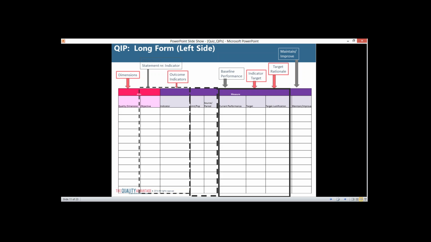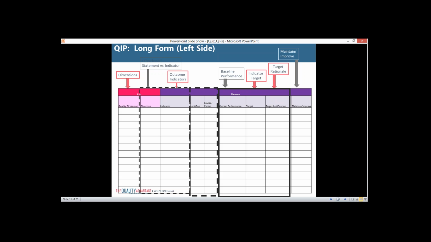We're going to actually talk in detail about the target and target justification on the next couple of slides, but before we go there, just taking a look at the final column, maintain or improve. So you can include in your quality plan either an intent to improve something, in which case your target should be better than your current performance, or you can maintain or sustain, because we know that sustainability is challenging and that organizations need to put effort into sustaining performance.